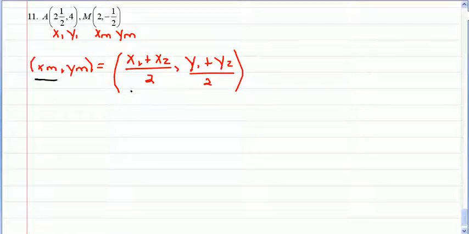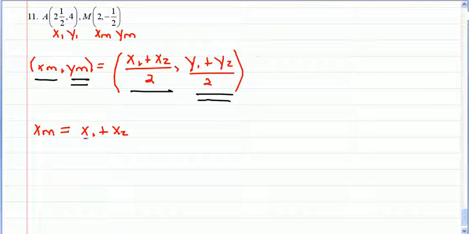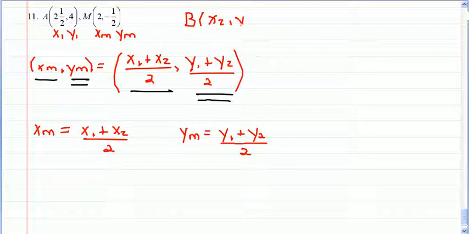So I'm going to take the x's and put them together, and then the y's and put them together. So that x sub m is equal to x1 plus x2 over 2, and y sub m is equal to y sub 1 plus y sub 2 over 2. Remember that we're finding point B, which is our x sub 2, y sub 2.